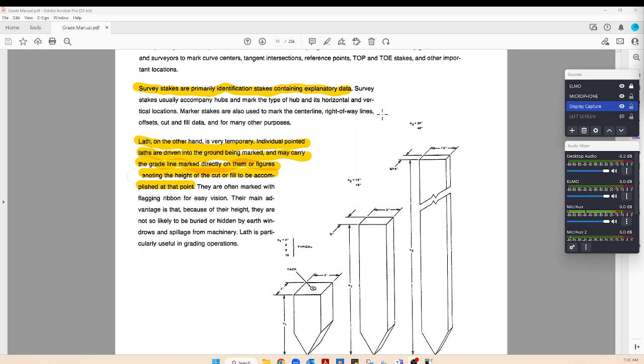They're a little bit thicker, probably 2 by 1.5, something like that, to mark the center line, right-of-way lines, offset, and sometimes cut and field data, and many other purposes. But written on them will be what they represent, maybe even an elevation above sea level.